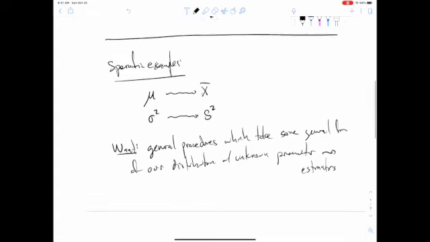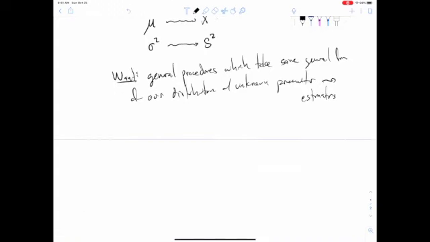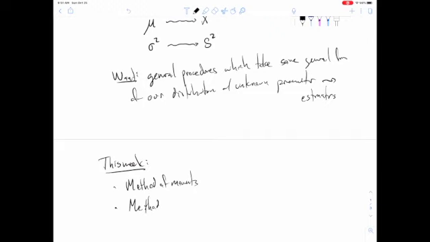This week we're going to talk about two specific ways of doing that. First, we're going to describe what's called the method of moments. And then subsequently we'll talk about the method of maximum likelihood. All right, and so that's what's on the menu, and that's what's coming up.